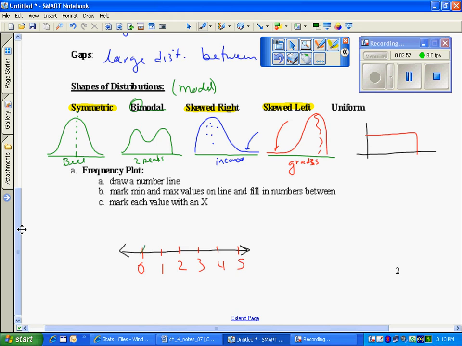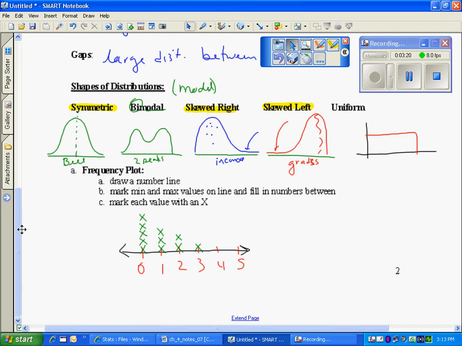If I have counted and I had 5 people with no children, there are my 5. Maybe I had 3 that had 1 child, 2 that had 2 children, and 1 that had 3 children. When I look at that, that looks like it is a skewed right model.